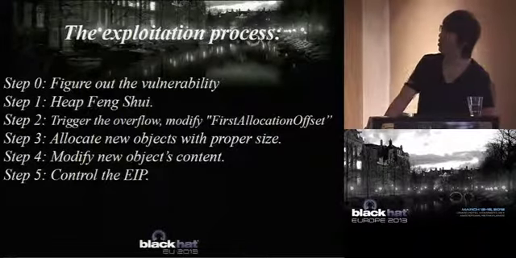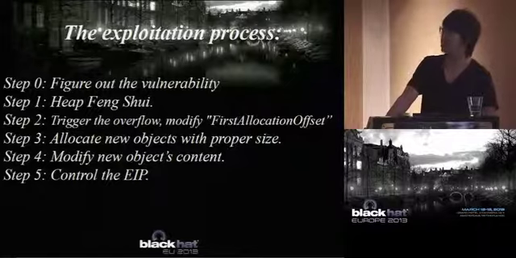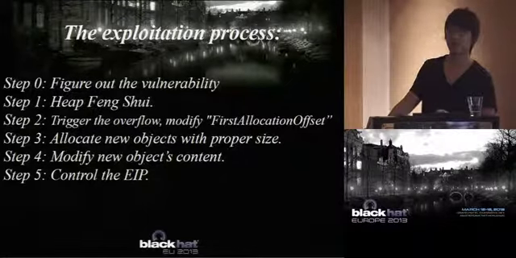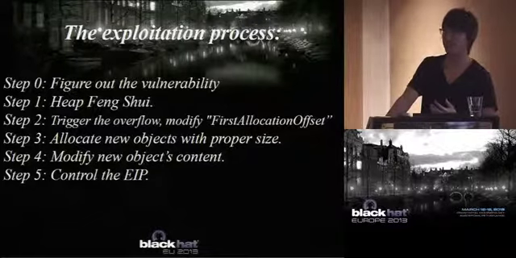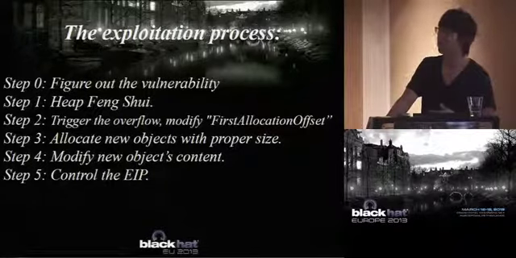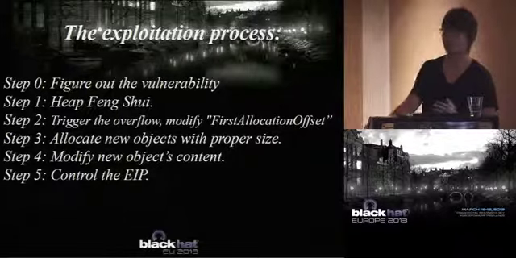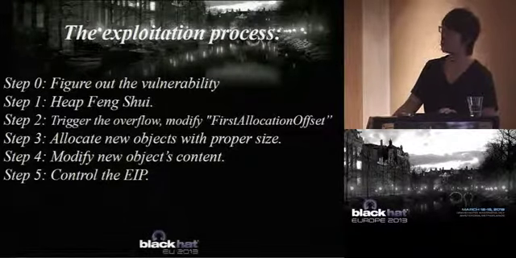So let's recall the exploitation process. First, figure out the vulnerability, and check whether the LFH for the vulnerable buffer size has been triggered. Then check whether the vulnerability allows us to overflow into the data I mentioned before.